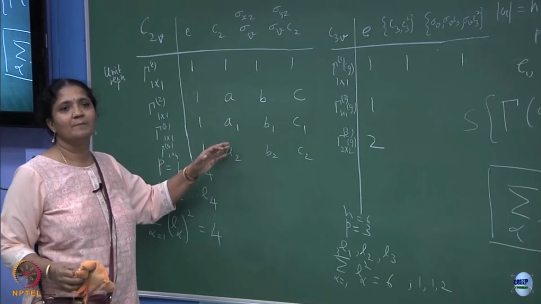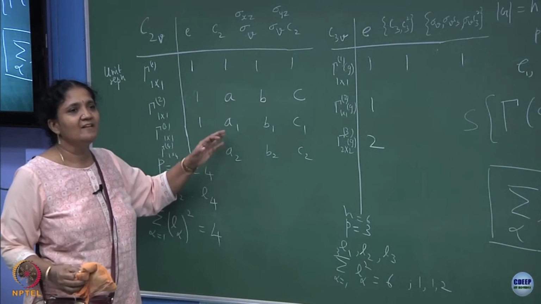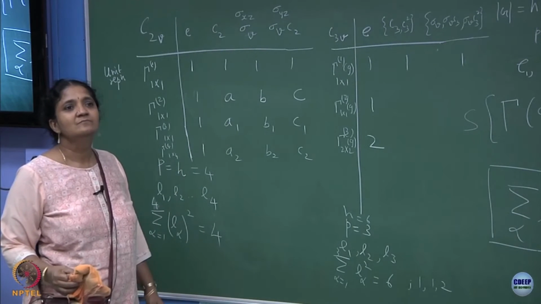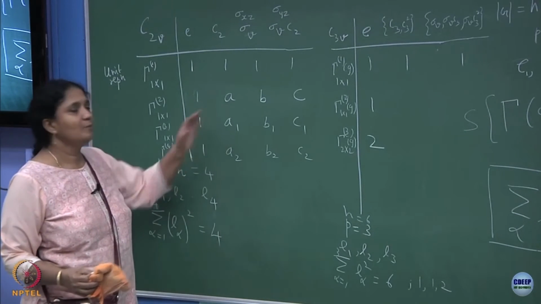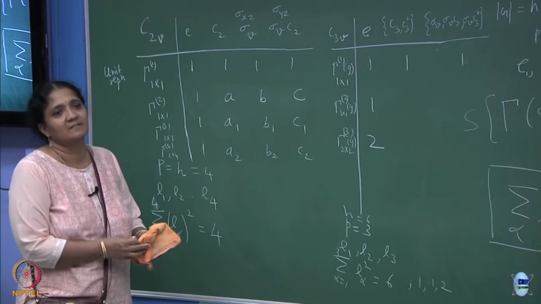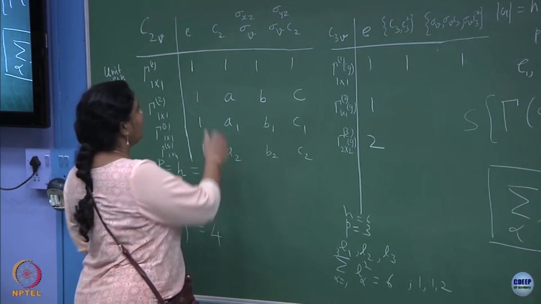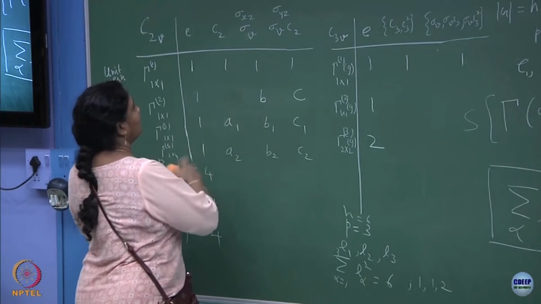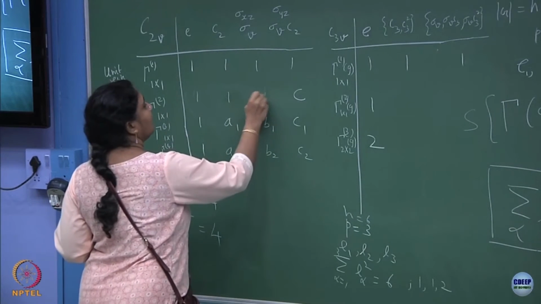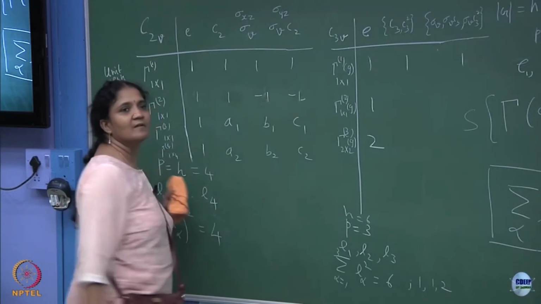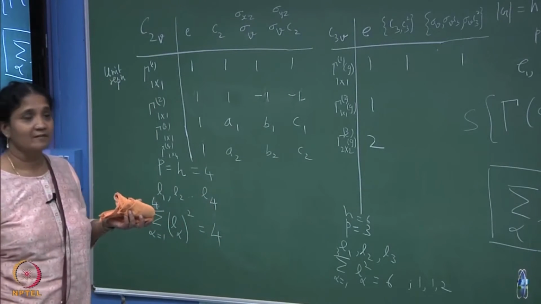It is a 1 cross 1 matrix, entries should be either 1 or minus 1, okay, and you can play around and try and fix this. Okay. So, you can try and see that, suppose I put this as 1, these two have to be minus 1. It is a simple way to check it.